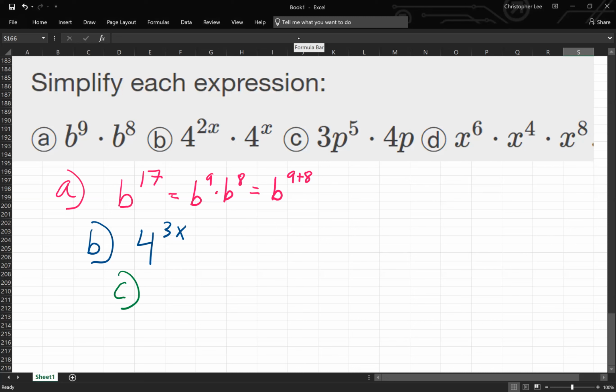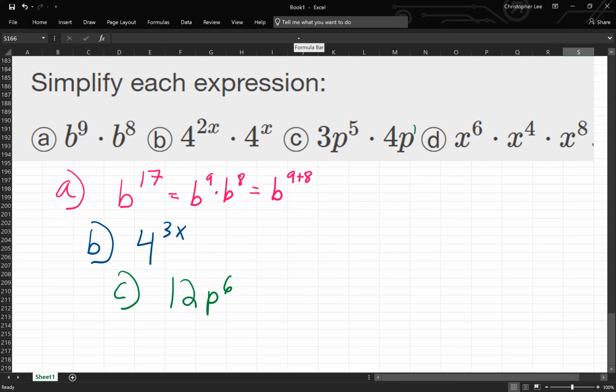So what about C? What's the answer? 12p to the 6. Now we're talking. 5 plus 1. P has no power, so P by itself with nothing there, there's an imaginary 1 there.